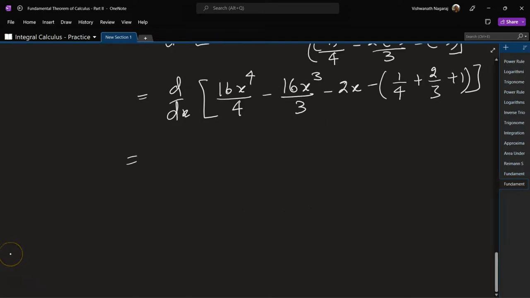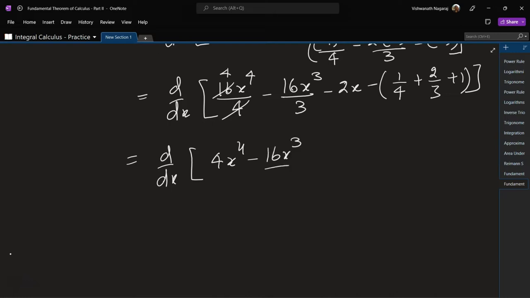Okay, this would be d by dx of 4 fourths. So 4x to the power of 4 minus 16x cubed by 3 minus 2x minus 1 by 4 minus 2 by 3 minus 1. Okay, now we won't even bother adding up all these terms.